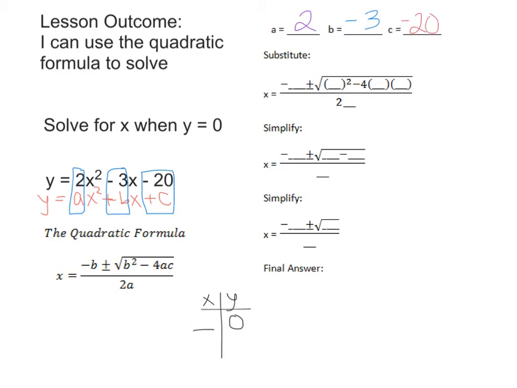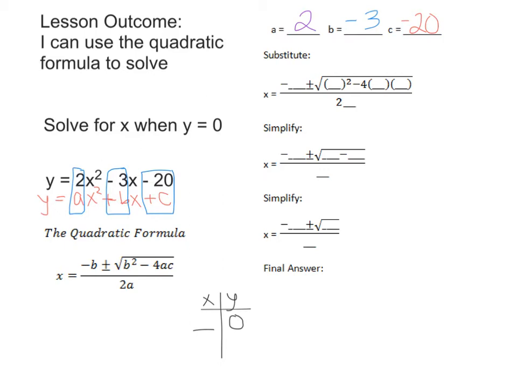Now again, those negatives and positives are very important. Okay, so the 2 is positive, the 3 is negative, and the c value is negative. Now we're going to put those values for a, b, and c into our quadratic formula where they belong. So notice there is a b here and here, there's an a here, and there's a c right here.